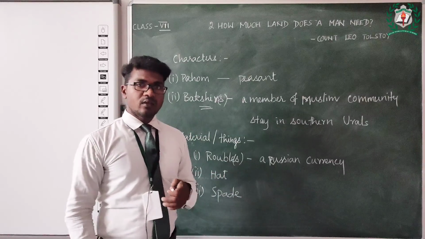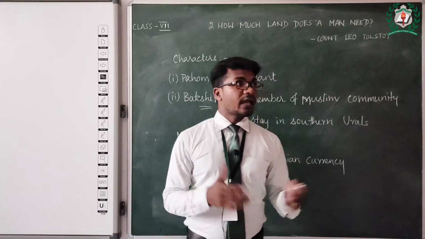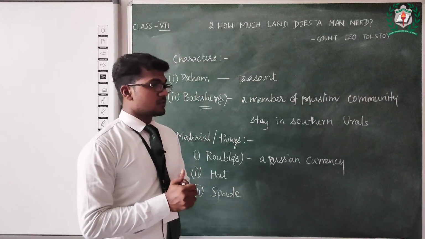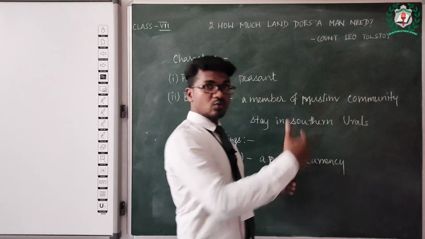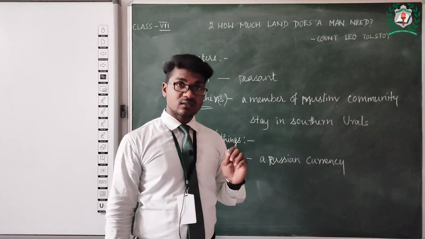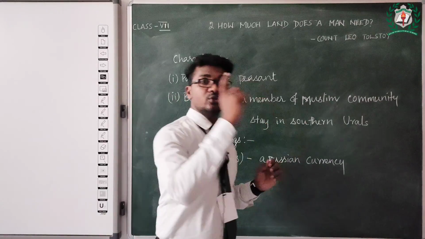So he went to a place, he met Bakshir, and he began to ask about the land, and they said, however far you walk, and you come back to the same place where you started, all those lands will belong to you.